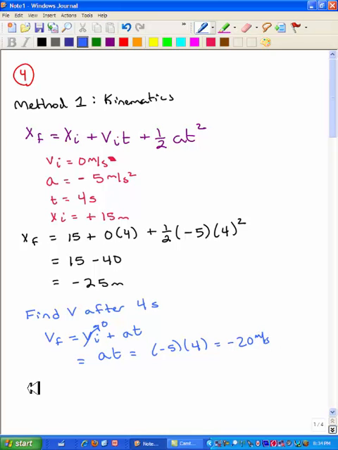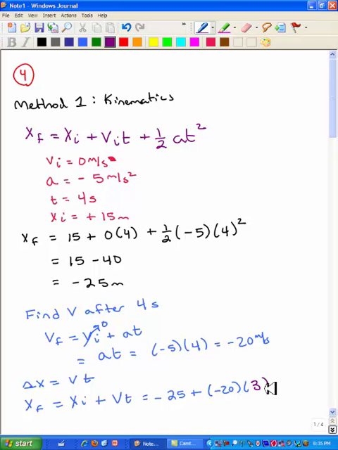I then know that delta x equals v times t. So I have x final equals x initial plus vt, which is, my initial position was negative 25 plus negative 20 times 4, excuse me, negative 20 times 3, easy mistake to make.